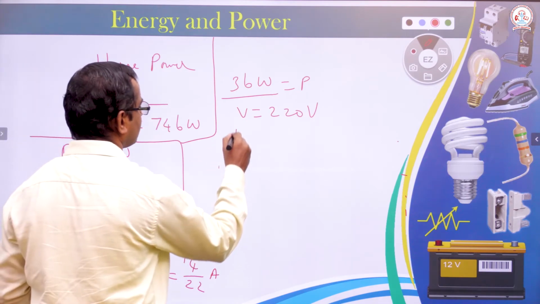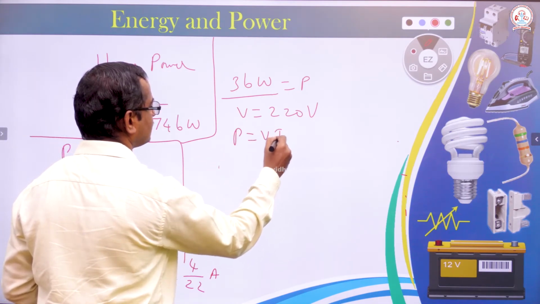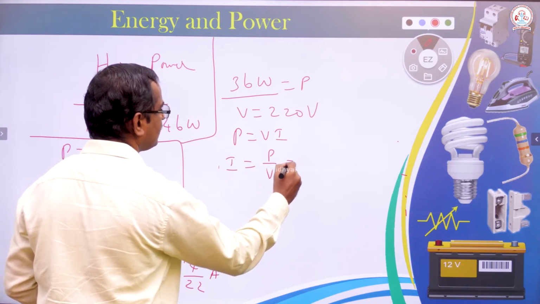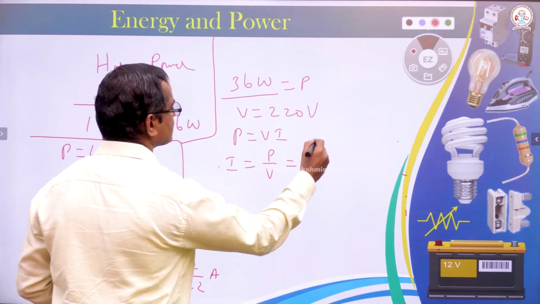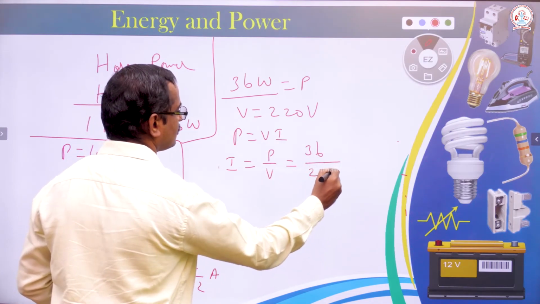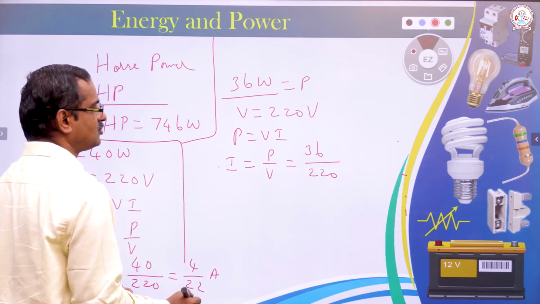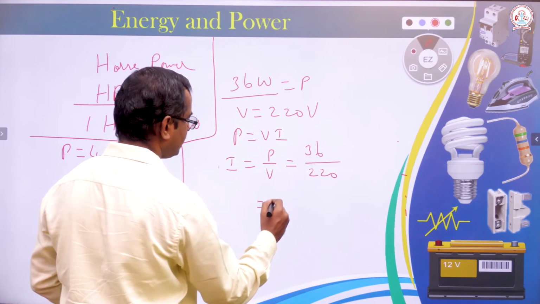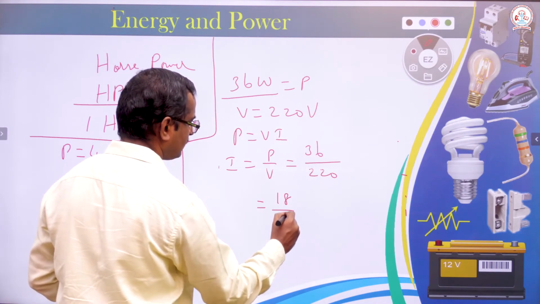Then apply the formula, power equals voltage into current. Then current I is equal to P divided by V, that is 36 divided by 220. If you cancel it, you are going to get 18 by 11.